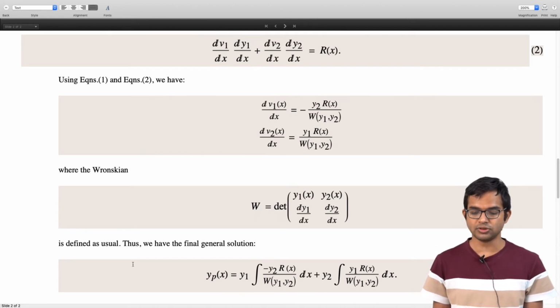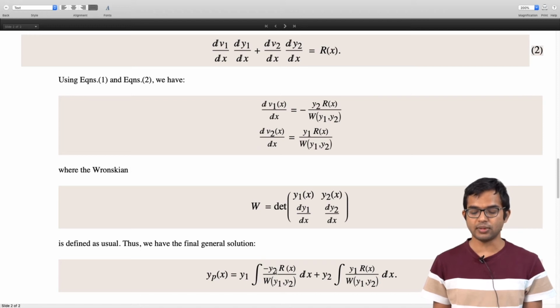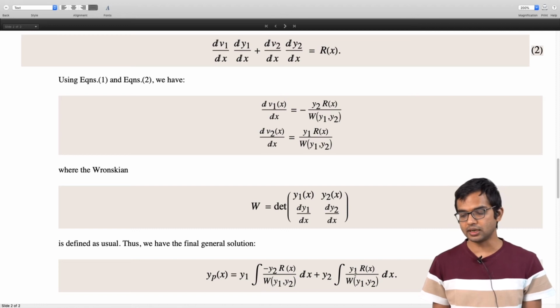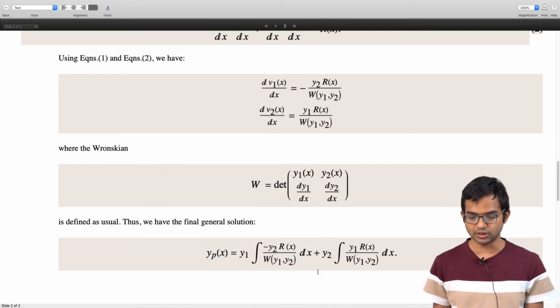The particular solution we started with, the ansatz, yp of x is equal to v1 of x times y1 plus v2 of x times y2, and we have solved for this, at least formally. v1 is the integral of minus y2 r of x divided by W dx, and v2 is the integral of y1 r of x divided by W of y1, y2 dx. So this is the final answer as far as the particular solution is concerned.